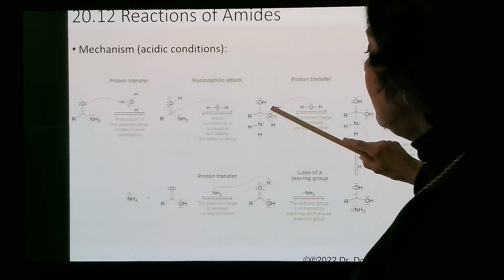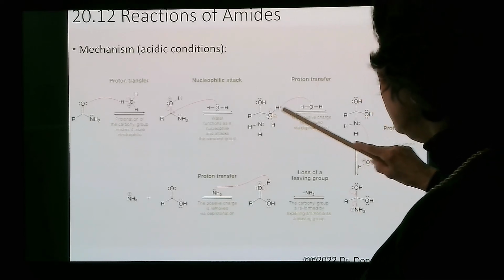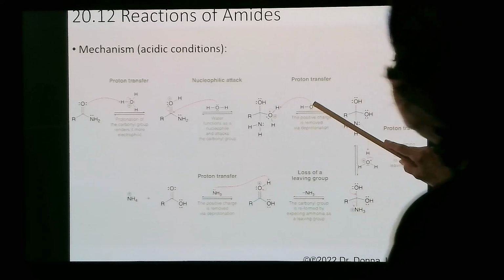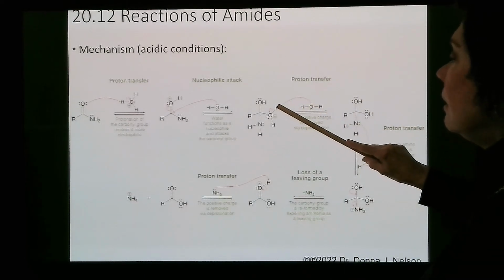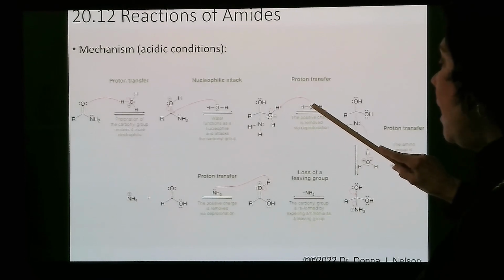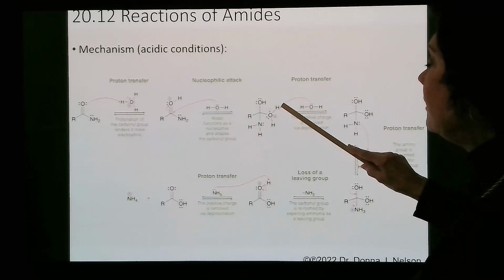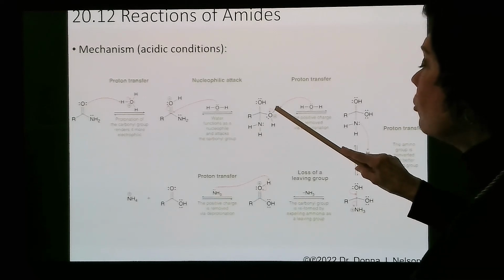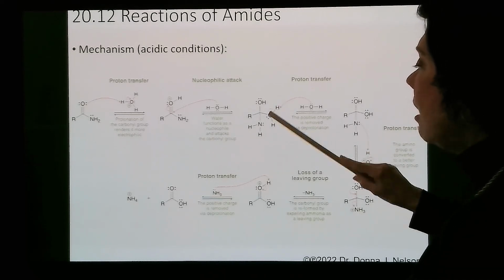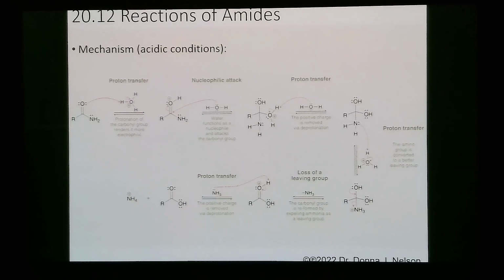Now this oxygen is protonated, and that proton is removed using a molecule of water. So the pair of electrons on oxygen picks up a proton. The pair of electrons in the OH bond moves back onto oxygen, satisfying that positive charge.